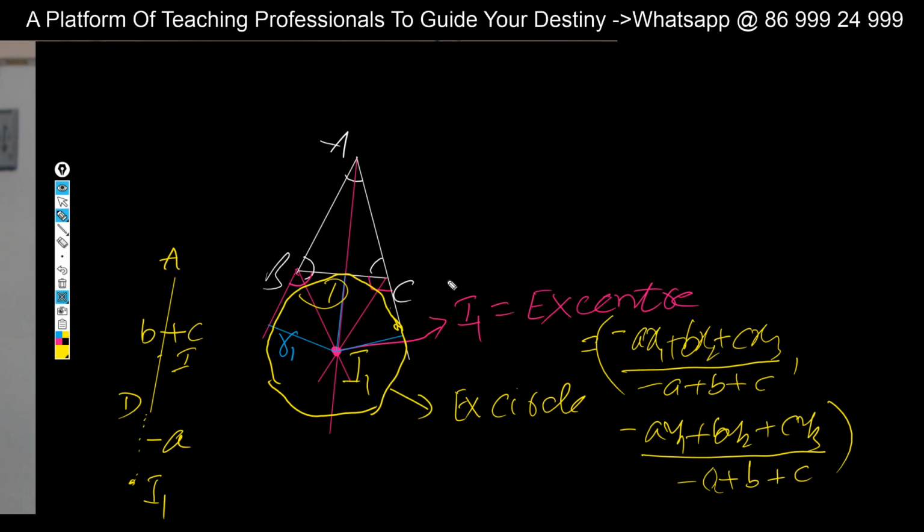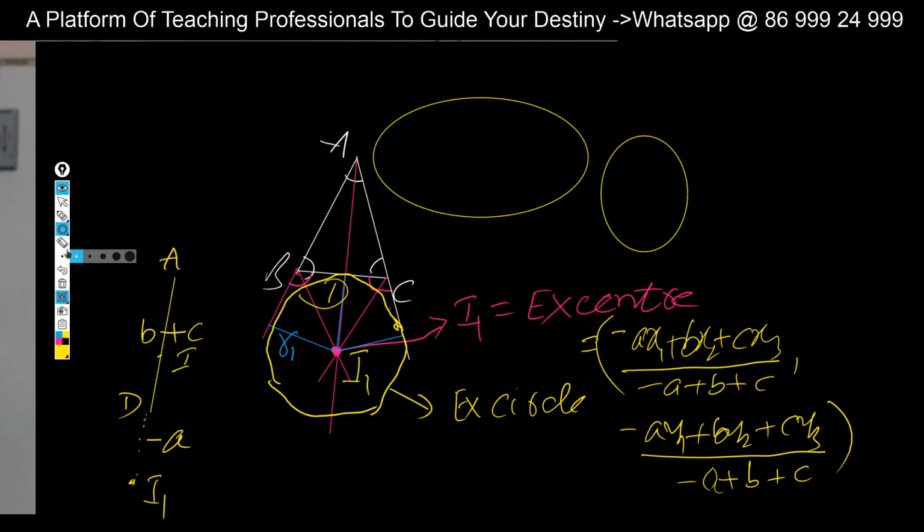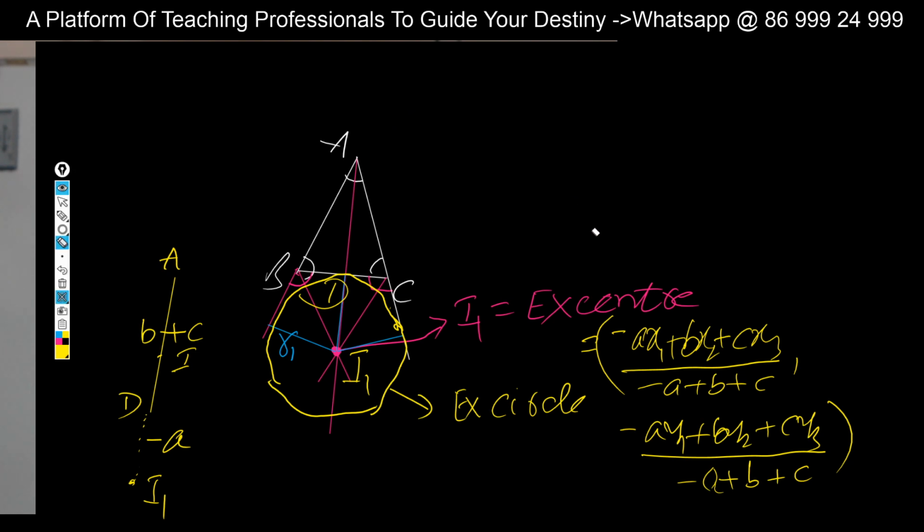Like this, how many circles will you have? You will have one circle this side, touching all three sides. How is it? Let me show you that.